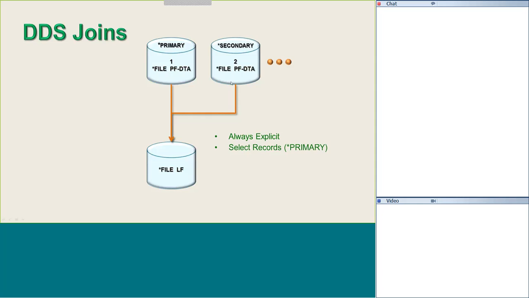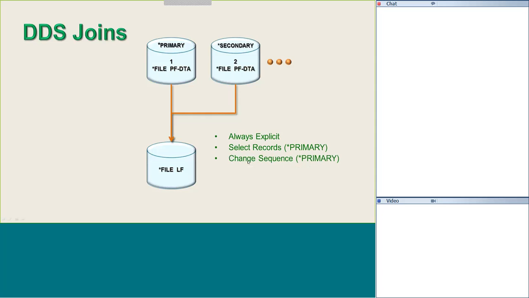You can't do a selection from fields in a secondary file. This is where this is not quite as good as the DDL view, because the DDL view allows you to select records from fields in any one of the files. Here you can only select records from the primary file. So you have to be careful here which file you define as the primary.